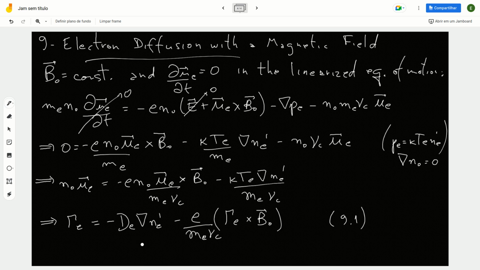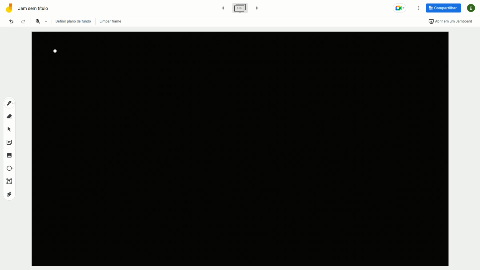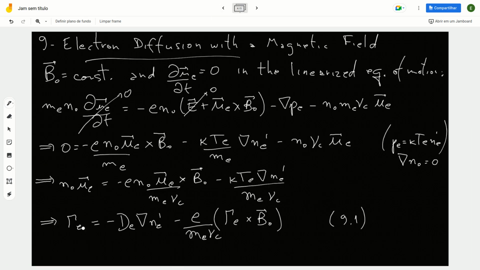Now for a particular background field in the Z direction, because that's how we have always used, let's keep it in this way. We have, well, gamma is equal to this minus, here we'll have E B0 over ME, which is the electron cyclotron frequency, right?